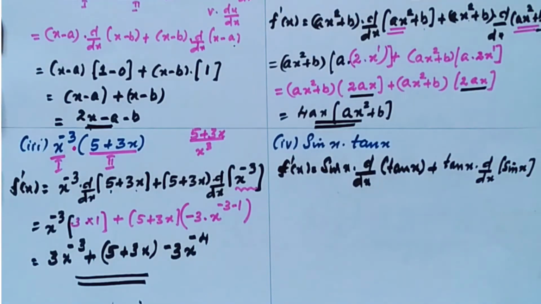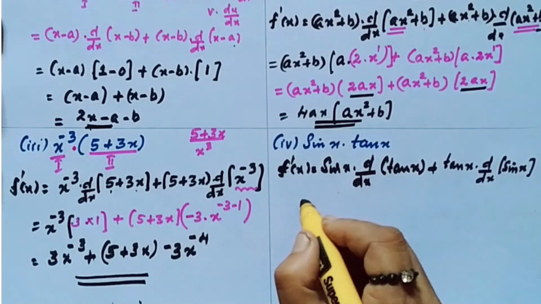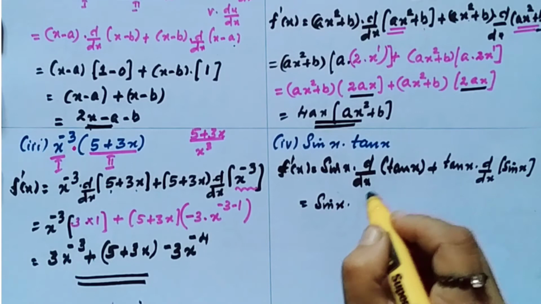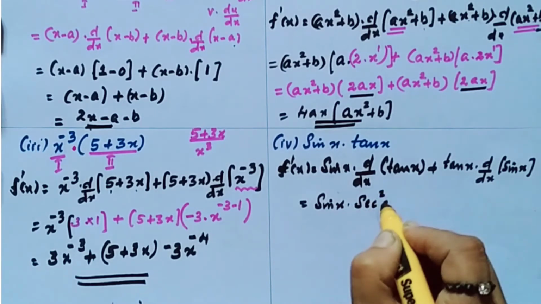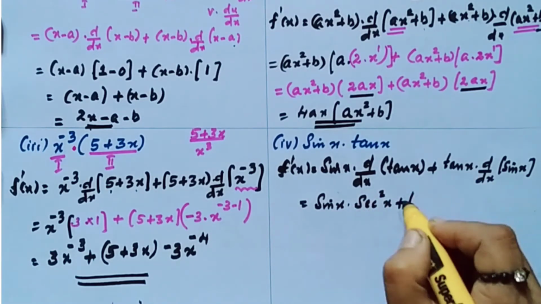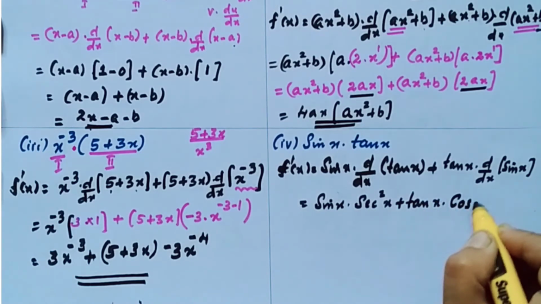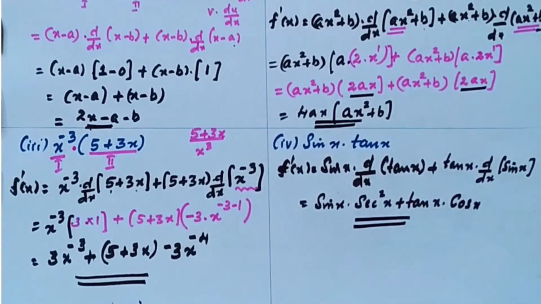Now we can find the derivatives and add up. Sin x into the derivative of tan x, which is a standard trigonometric function, is sec square x, plus tan x into the derivative of sin x, which is cos x. So, the answer is sin x sec square x plus tan x cos x.